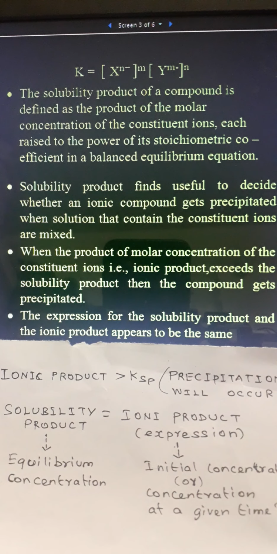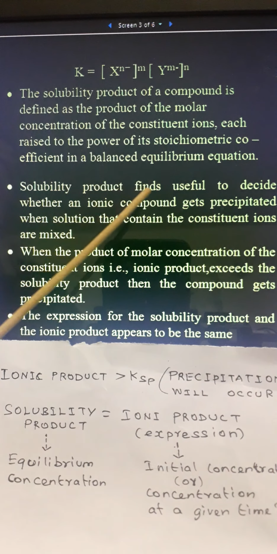What is solubility product? The solubility product of a compound is defined as the product of the molar concentrations of the constituent ions, each raised to the power of its stoichiometric coefficient in a balanced equilibrium equation.